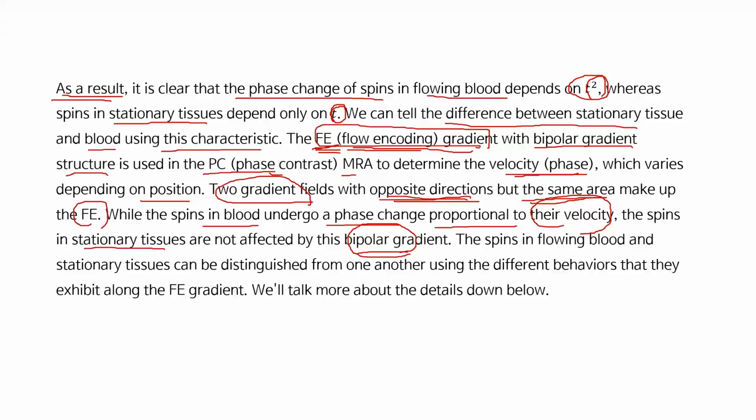The spins in flowing blood and the stationary tissues can be distinguished from one another using the different behaviors that they exhibit along the FE gradient. We will discuss this in detail below.